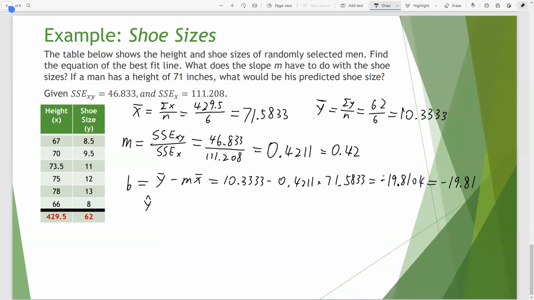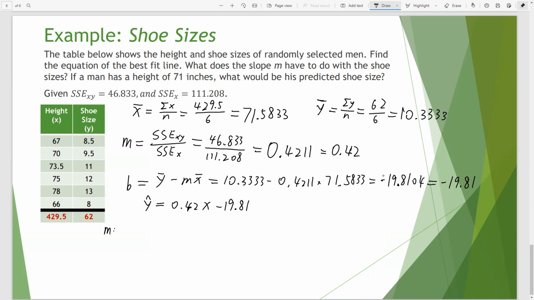So we get the equation y hat equals mx plus b, and here b is negative, so just attach it: 19.81. That data is for adults, so the negative is fine. Then the slope is 0.42.